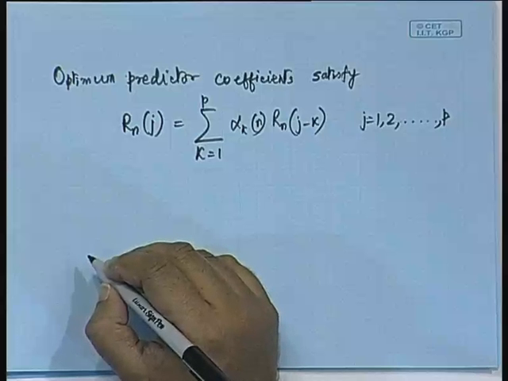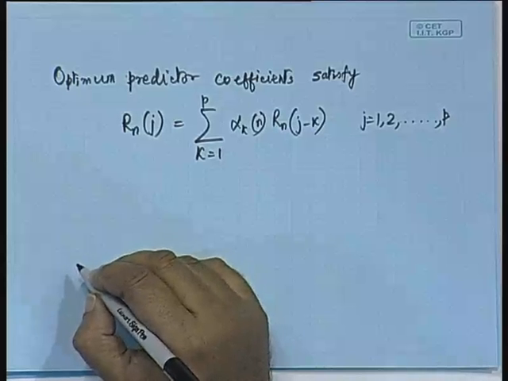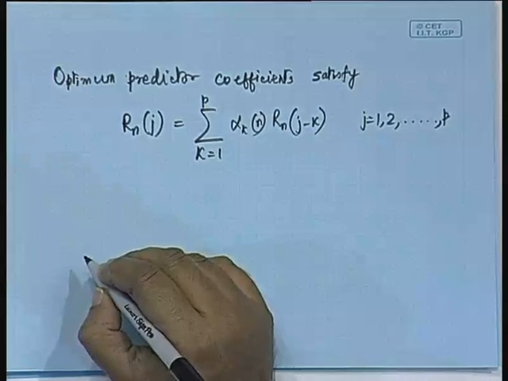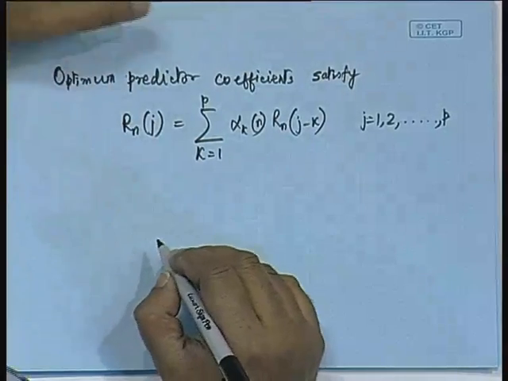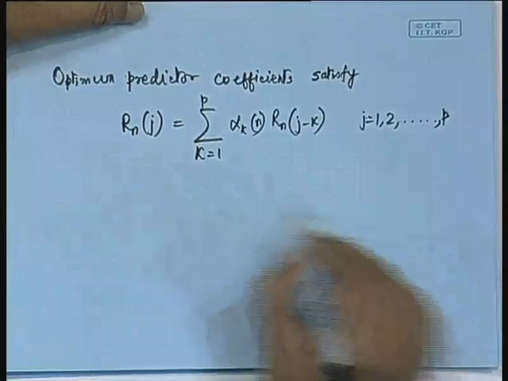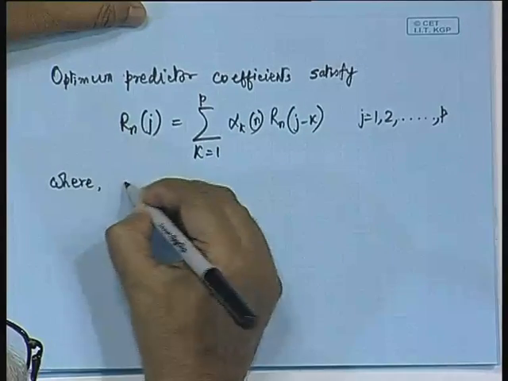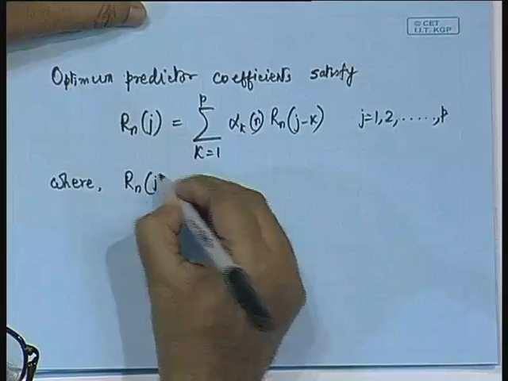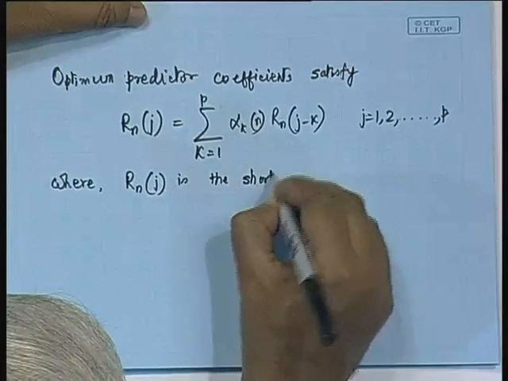Rn is the autocorrelation definitely, but short time autocorrelation. This letter R we are specifically reserving for short time autocorrelation function. So, where Rn of j is the short time autocorrelation function.